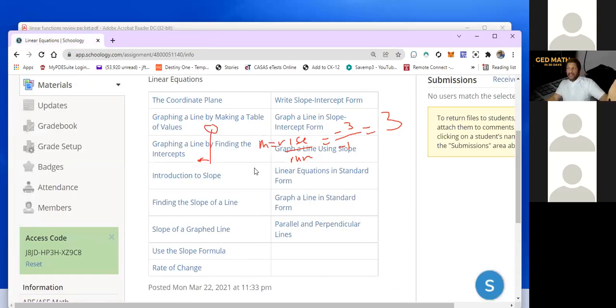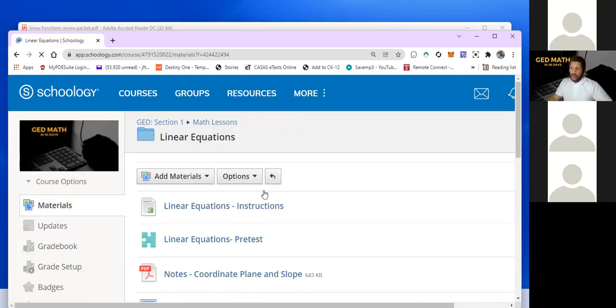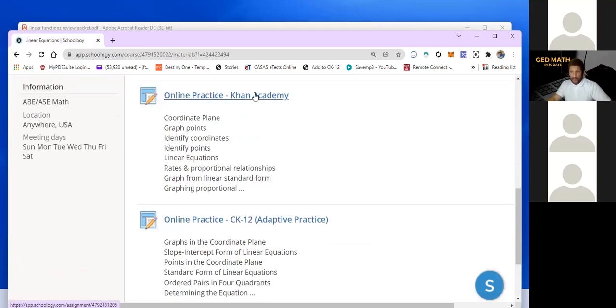So here's the textbooks. Here go to parallel. So if you don't know how to do it, I have something that you can teach yourself. Now, again, if you know how to do it and you just want to practice, and this is what Wendy was asking, there's 2 different practice things that I have. I have CK12, which is practice, and I have Khan Academy. Whatever you want to use.